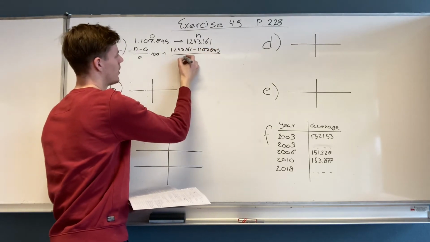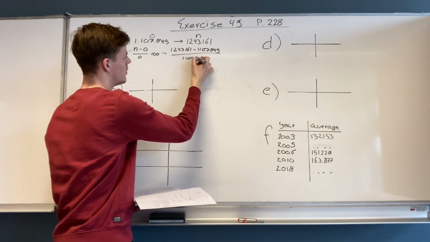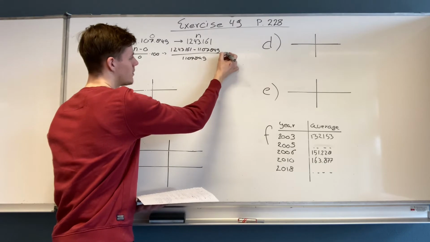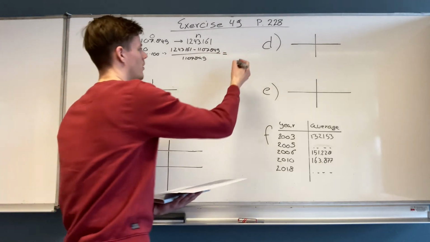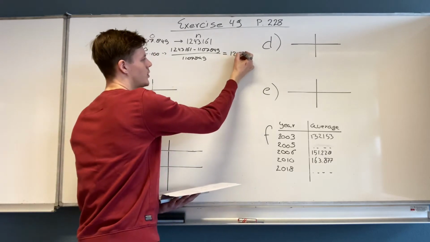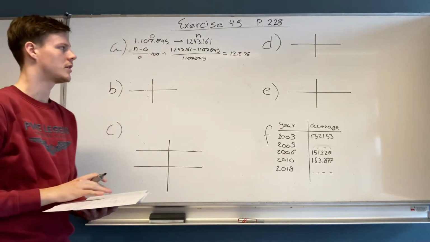Divided by the same number, which gives us a percentage increase of roughly 12.2%. Always round off to one decimal place with percentages.